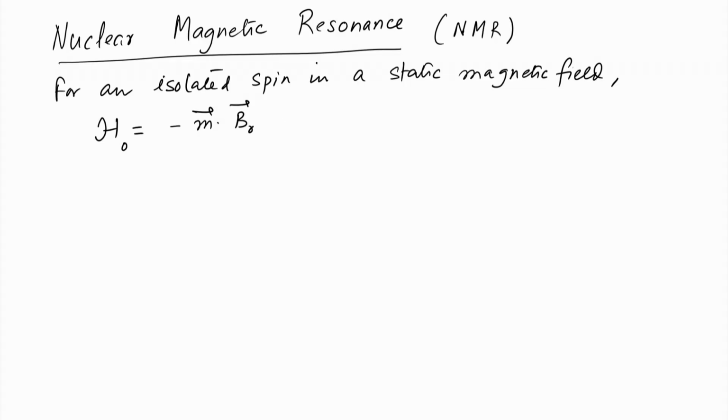So, this can be written as minus gamma I dot B 0, where I is the nuclear spin vector, and B 0 is the external static field.